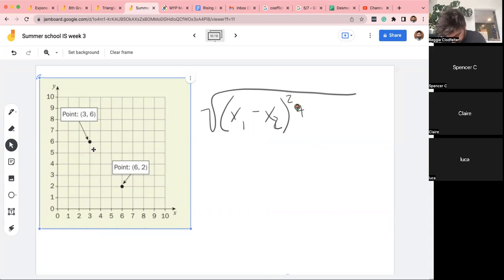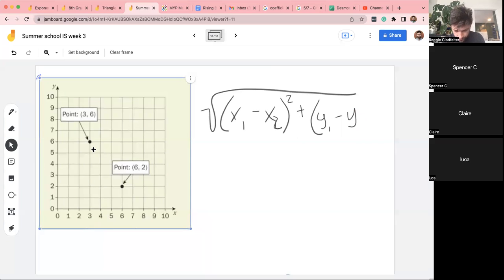We're going to add that to y1, the coordinate of your same first point. Either point can be your first point, but y1 needs to be the y coordinate for the same point as x1. So we do y1 minus y2.